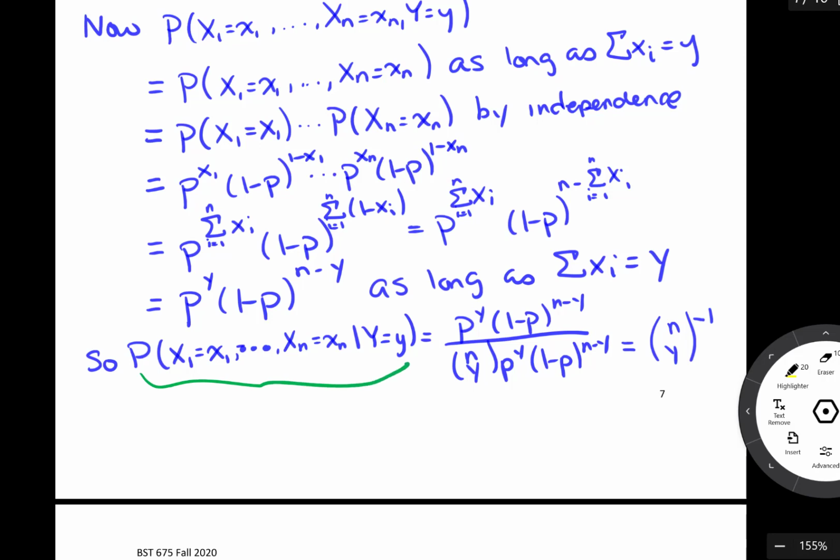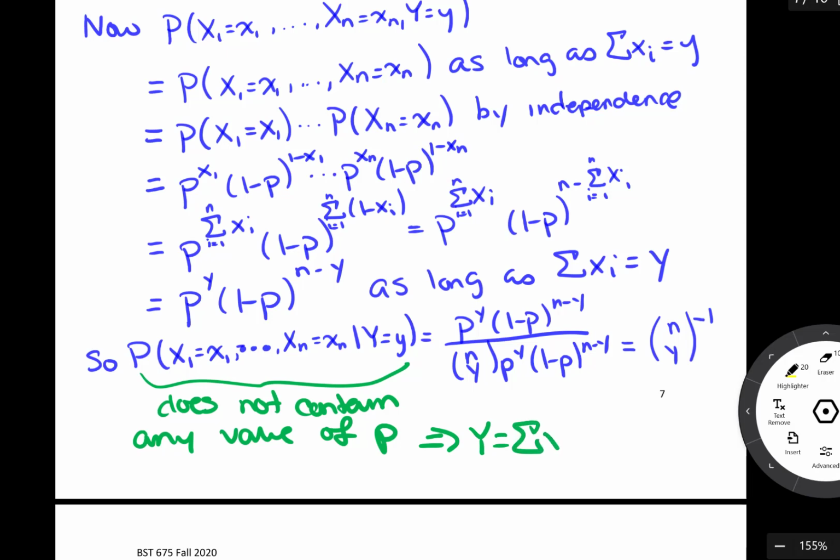This probability does not contain any value of p. So we say that the Y, which is equal to the sum of the xi's, is sufficient for p.